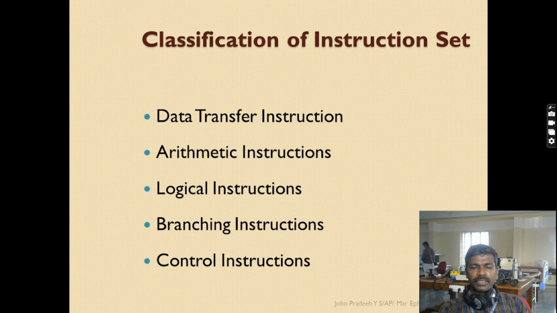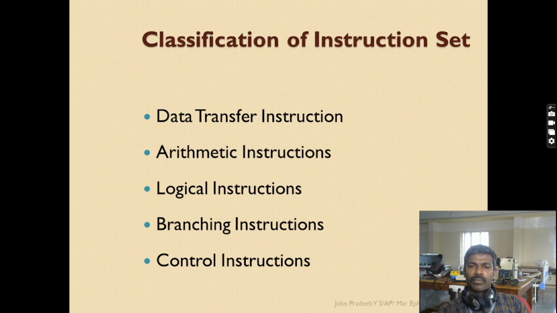Next, arithmetic instruction. Arithmetic instruction means addition and subtraction are present inside the 8085 microprocessor. There is no multiplication or division operation inside the 8085 microprocessor. So addition and subtraction happen and are grouped together.